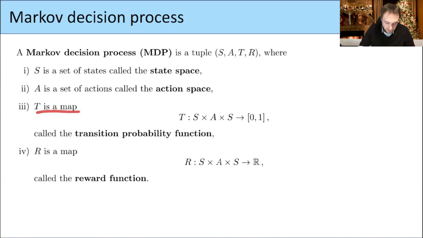T was the transition probability function, which tells us the probability that if we are in some state S and take some action A, we will land in some state S'. The value of this function at these 3 points tells us the probability of going from one state to the other by using the action A.